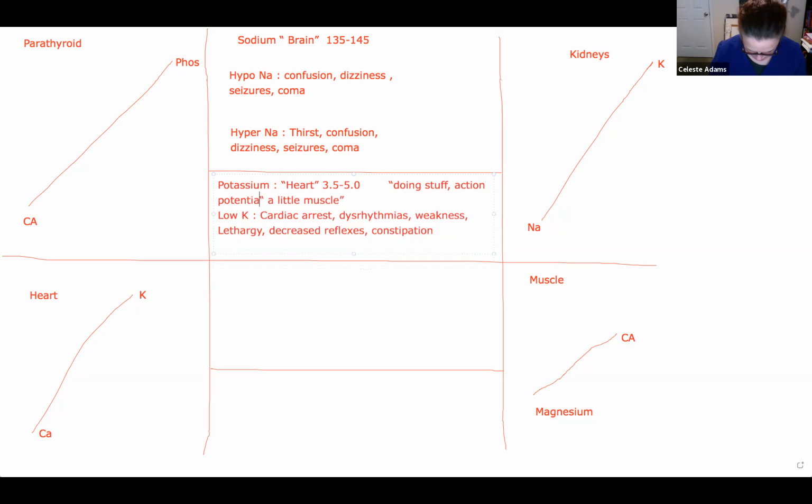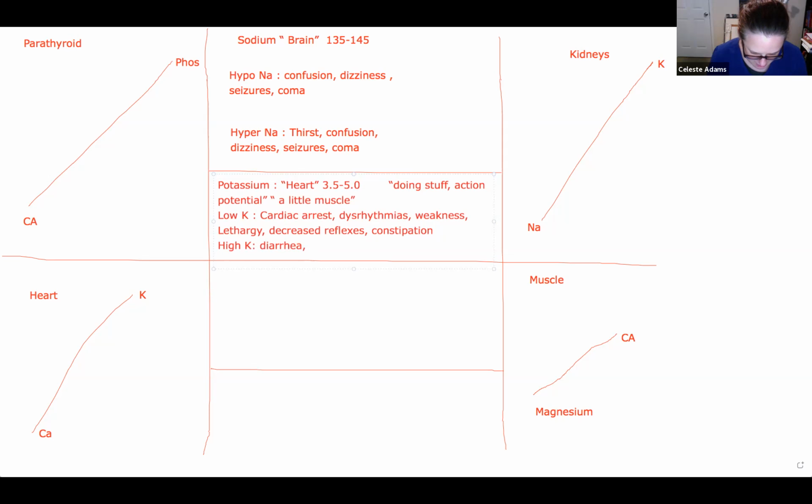Action potential and a little muscle. Okay, so high potassium. If we talked about low potassium, we have constipation. Then in high potassium, we will have diarrhea. Correct.